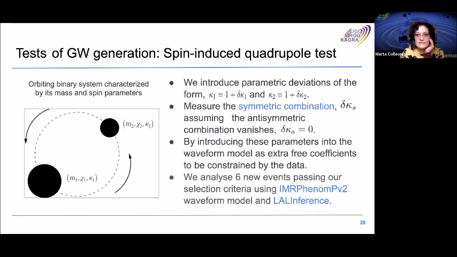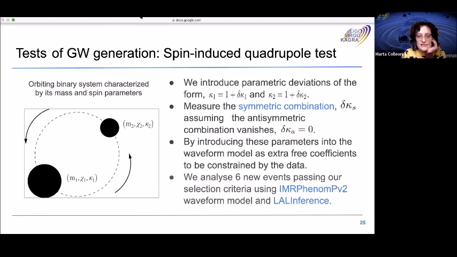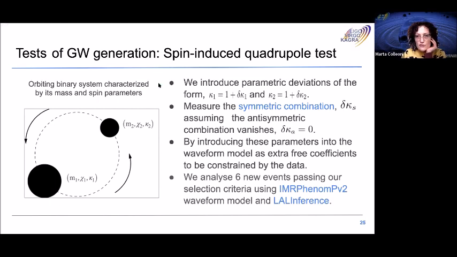And in this slide, we introduce the deviations that we actually constrained in the analysis. We introduce parametric deviations in each spin-induced quadrupole moment parameter. So in principle, we will have 2 deviations because we have 2 objects merging. But since these parameters are highly degenerate with other source parameters, it turns out that it's much better to constrain the symmetric combination of these 2 parameters.